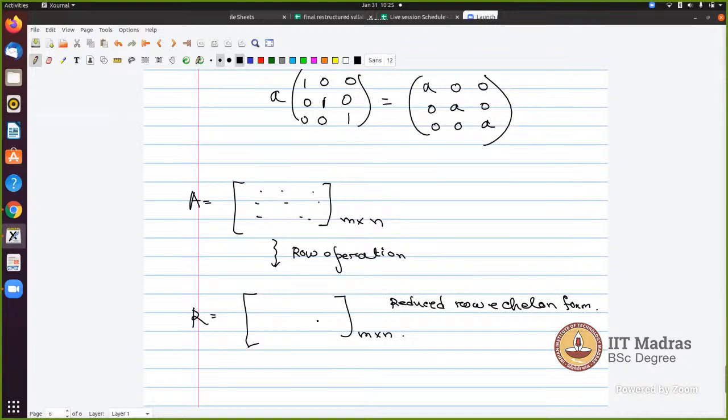In this, suppose there are some 0 rows. There may or may not be, but let's assume there are some 0 rows and some non-zero rows. Suppose till this one there are non-zero rows, and below that everything is 0. So the number of non-zero rows will give me the rank, right?